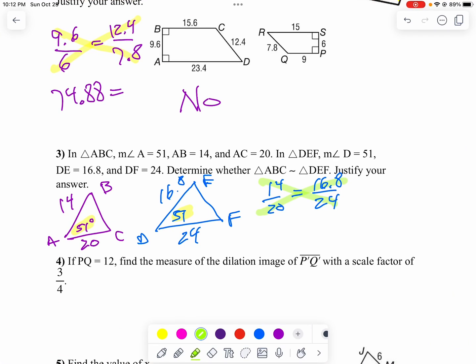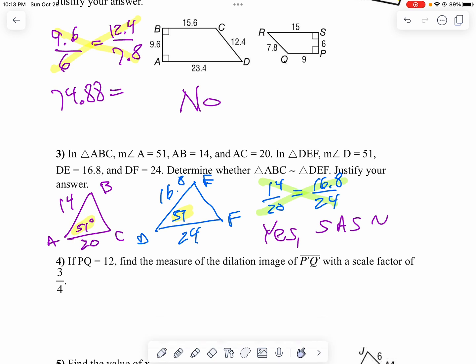So, are these similar? Yes, they are. I always forget to change back to a pen. So, yes, they are. And my reason would be side-angle-side similarity.